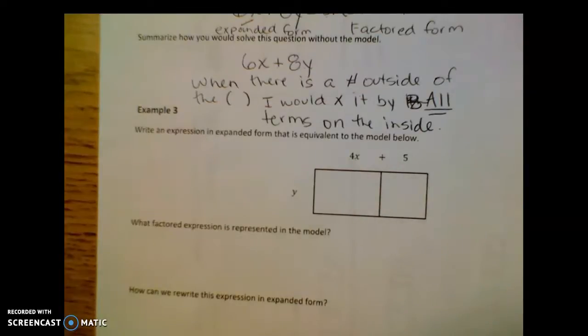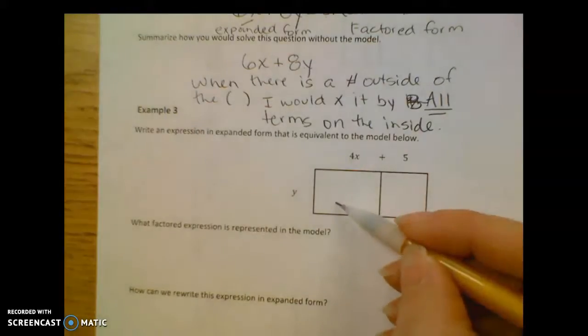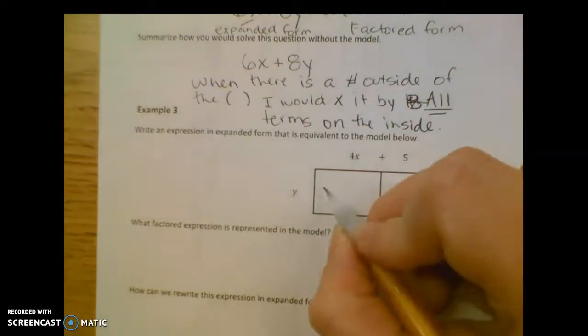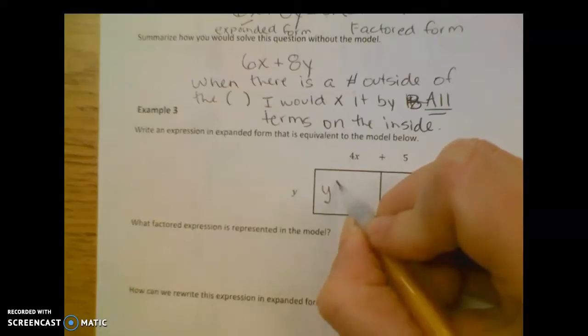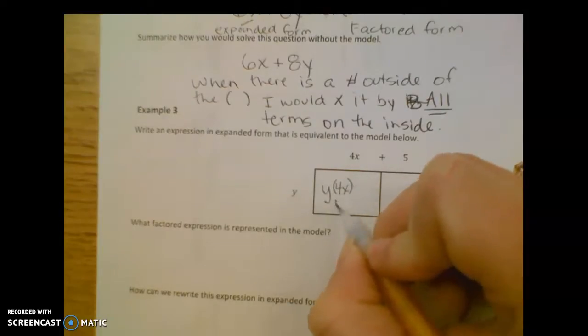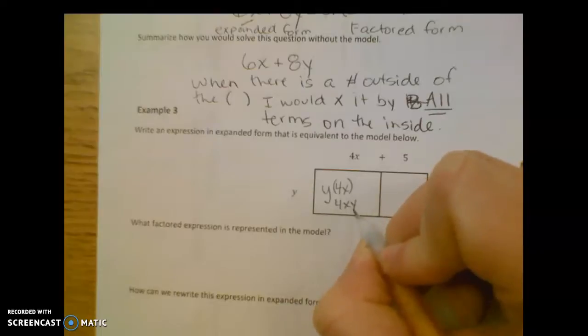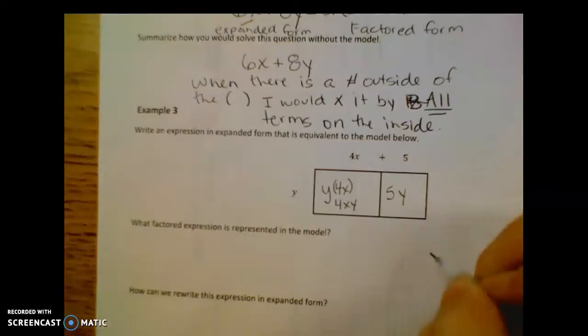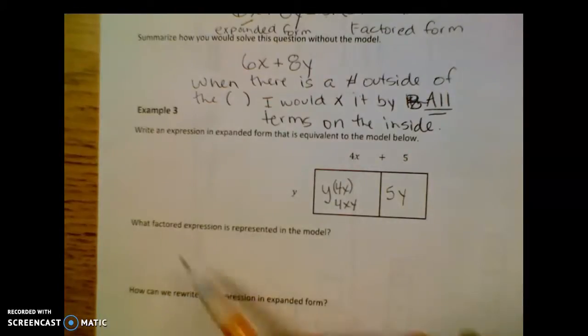But if we expanded it, if we found the area of this rectangle, it would be length times width. So it would be y groups of 4x, which I could also write as 4xy, plus 5y. So what factored expression is represented in this model?